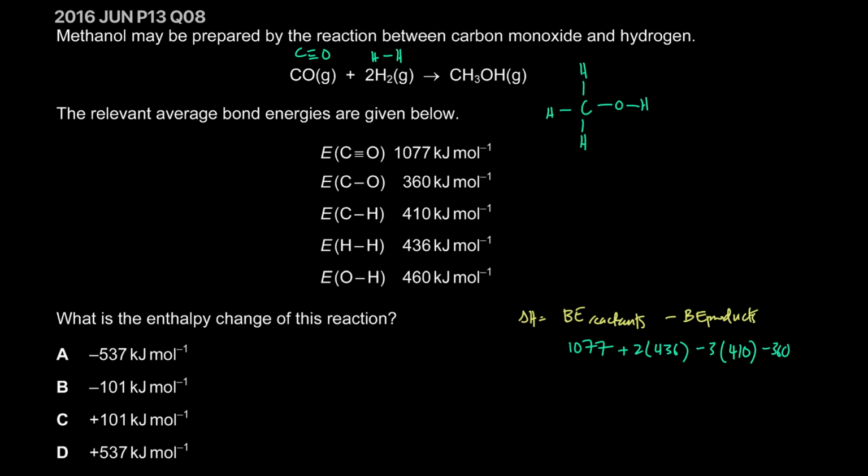And then we have 1 mole of O single bond H, so that'll be minus 460. We're going to subtract the bond energies of the products, or the bonds that are forming. So we get the enthalpy change of the reaction as negative 101 kilojoules per mole. So the answer here is B.